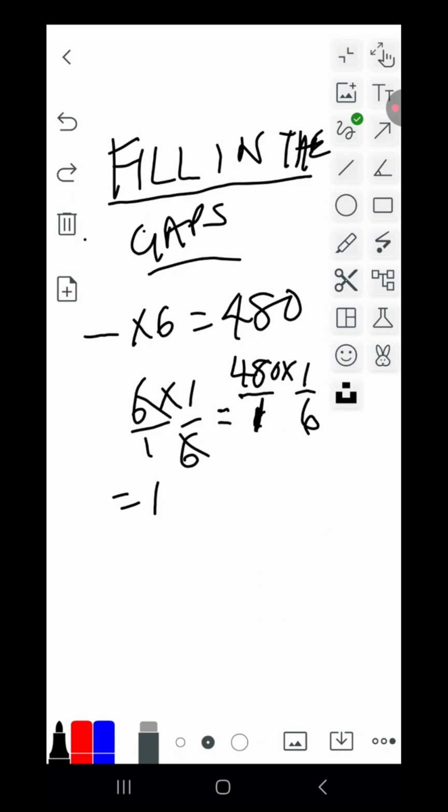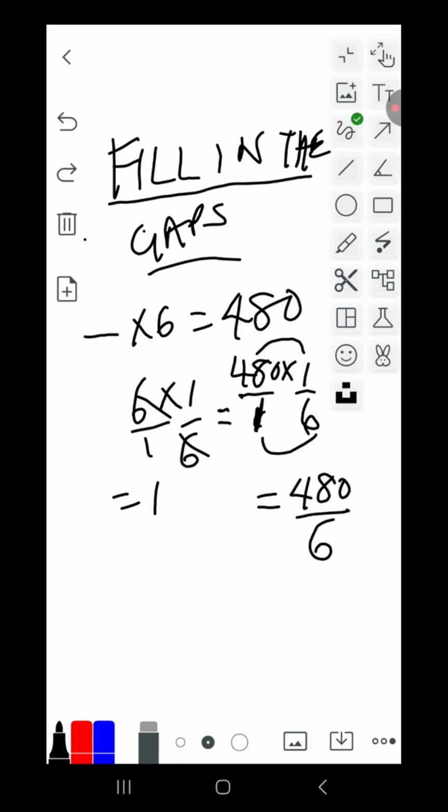And don't forget, like I said in my previous videos, since there's a multiplication sign, you can easily say to yourself 480 multiplied by 1, and 6 multiplied by 1, which gives us 480 divided by 6.